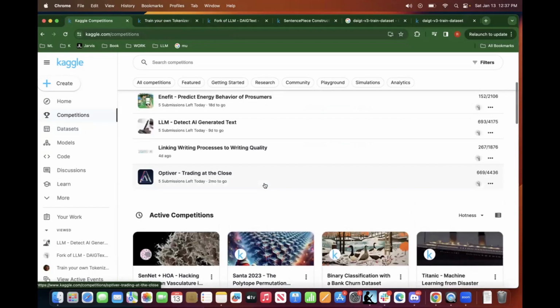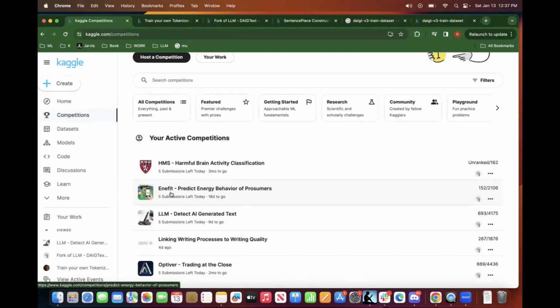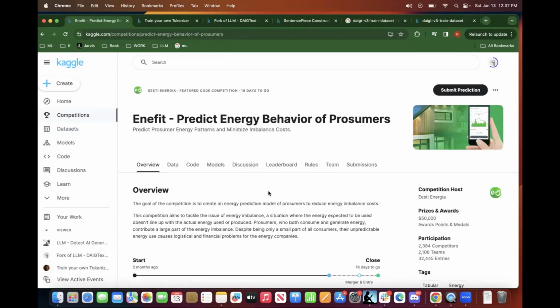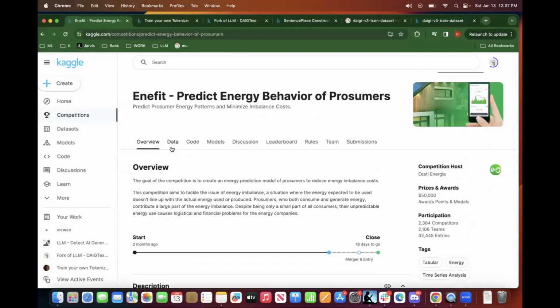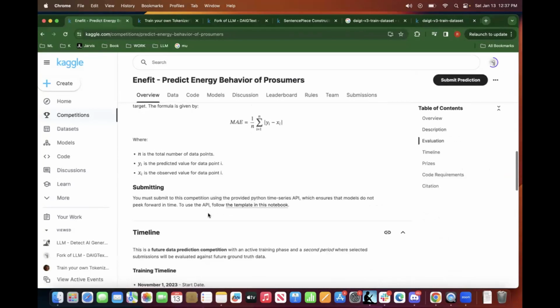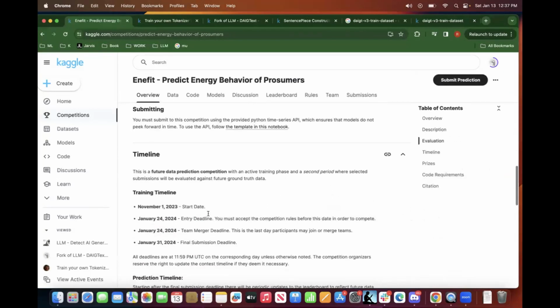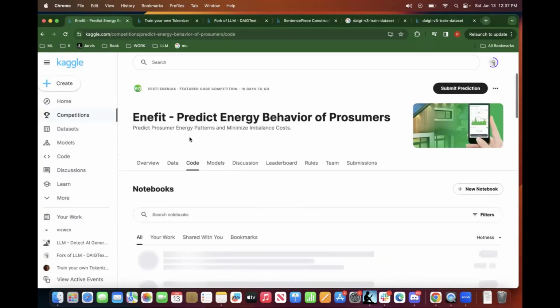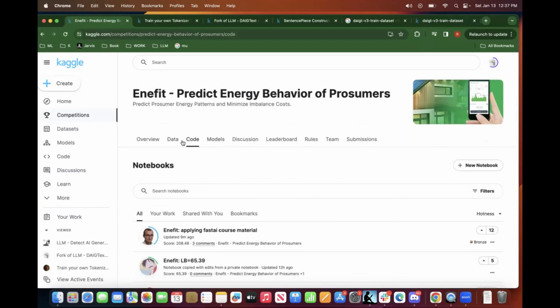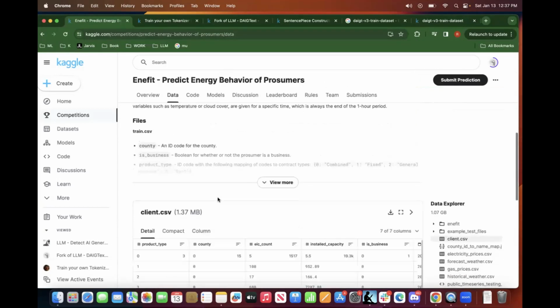The Benefit one is also just 18 days, and that's very similar to the last time series competition that we all did. This one is about predicting what the power consumption is going to be. This is not an ongoing one, right?